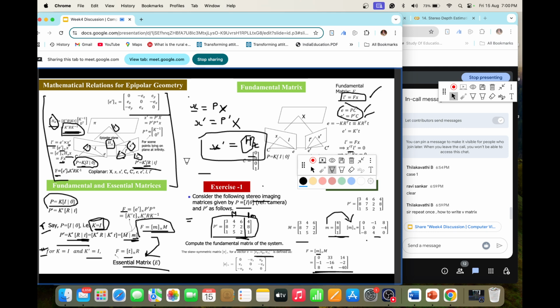Rather, we have to use this H formula, that is H equals M dash M inverse. M dash comes from K dash R, and M inverse comes from K inverse.